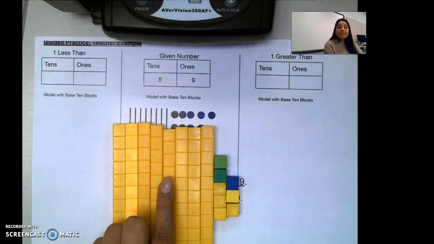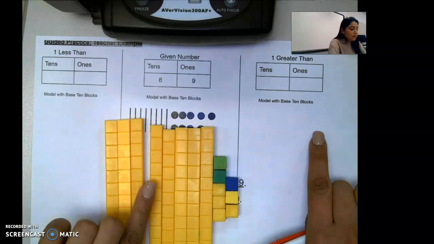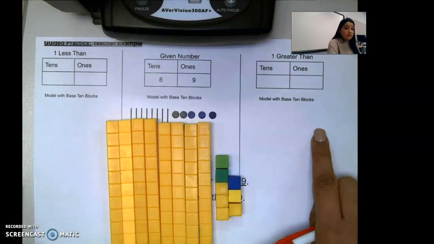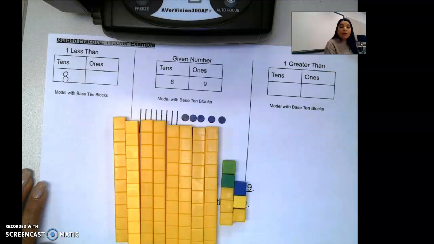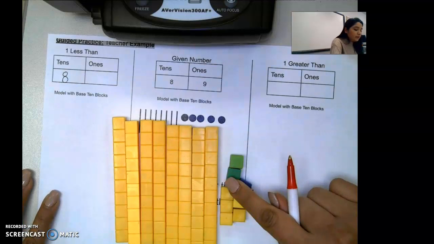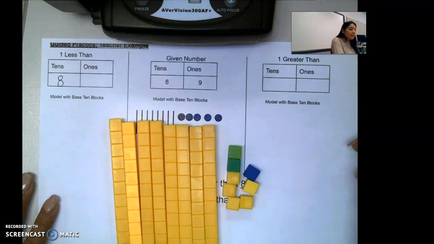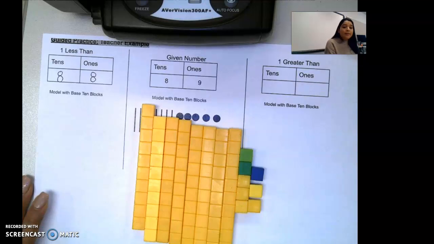Now let's see how many 10s and 1s we have. So we have 1, 2, 3, 4, 5, 6, 7, 8. We have 8 10s. How many 1s do we have now? 1, 2, 3, 4, 5, 6, 7, 8. Now we have 8 ones after taking away 1.